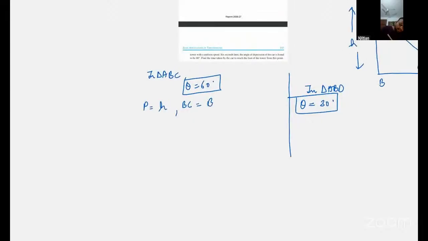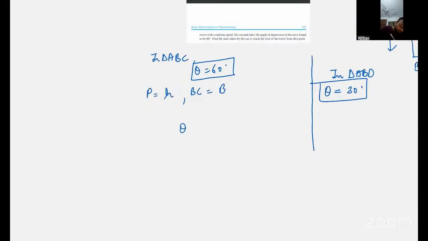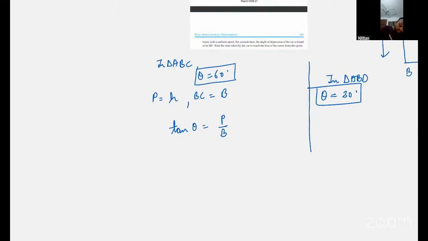So in this case, tan theta is equal to perpendicular upon base. So tan 60 is going to be the perpendicular, which is h, upon the base, which is BC.